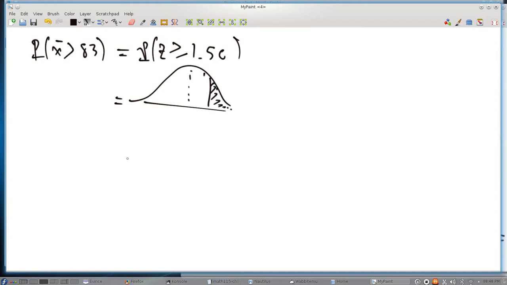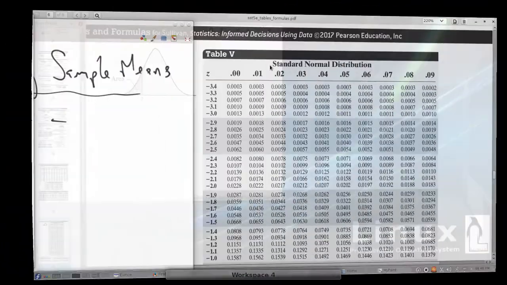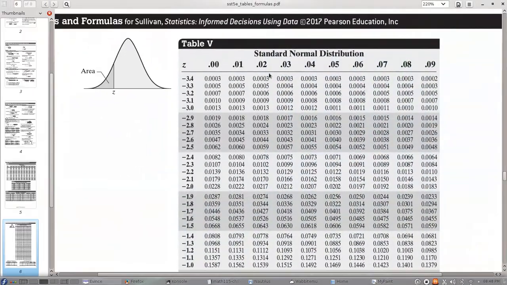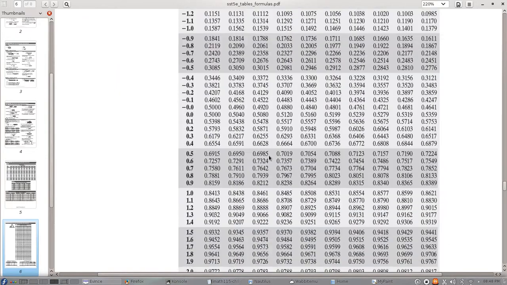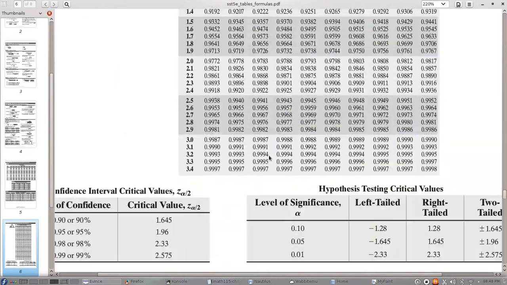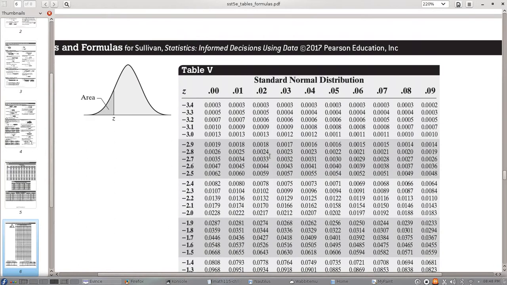Now, there are two ways to compute this. If you look up table 5 to read the value, you cannot really do that, because the table only gives us a means to read a value from negative infinity to a certain value that is to the left of the z value. See that? Even for the positive one. Actually this curve here doesn't show that, but I think the one in the book that shows both sides, the negative and the positive, will give us that curve.